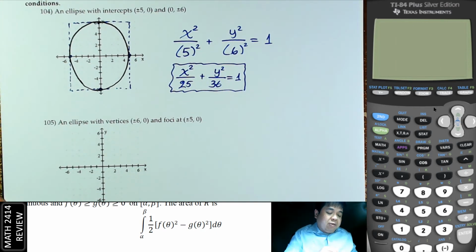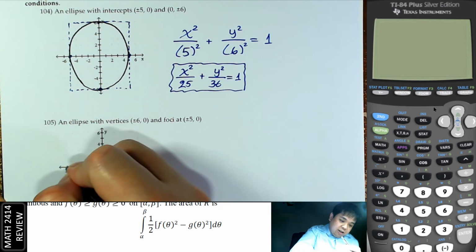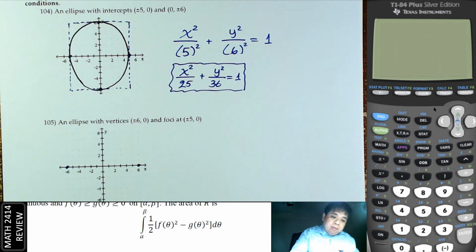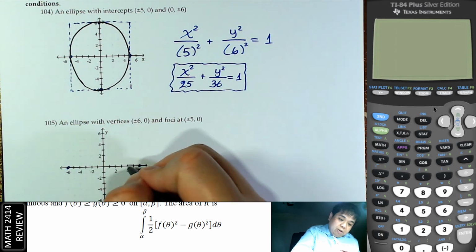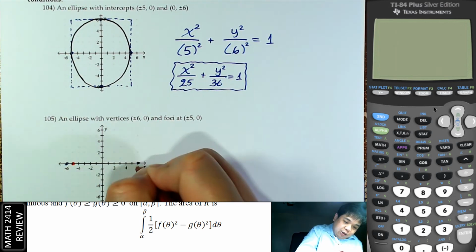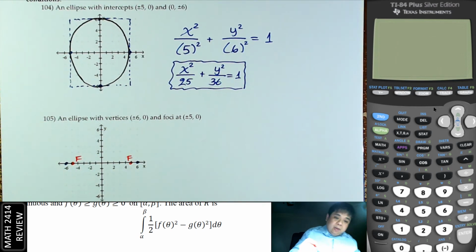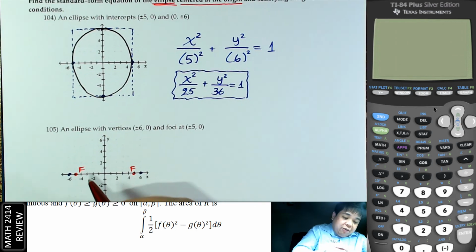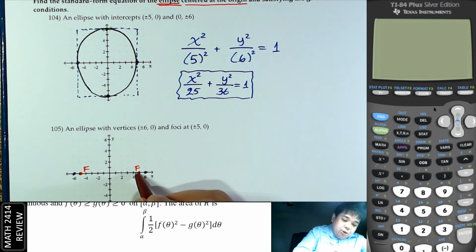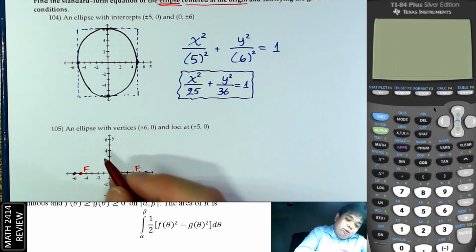Next, we have the vertex, negative 6 and 6, and the foci, 5, 0 and negative 5, 0. So the vertices and two foci. So what we have earlier, the distance from the origin to the foci, the distance from the center to the foci is c.